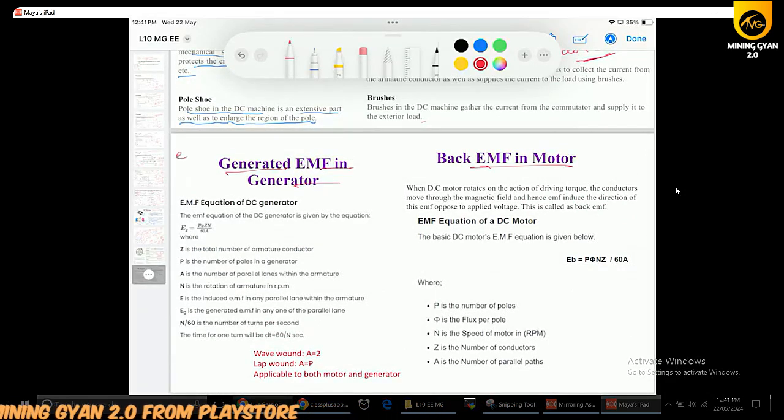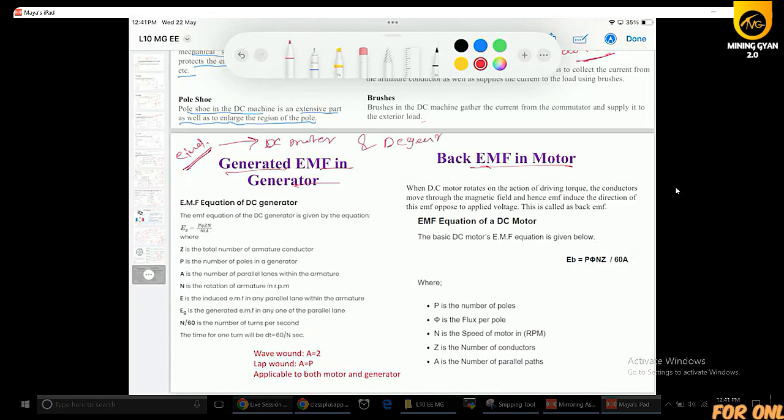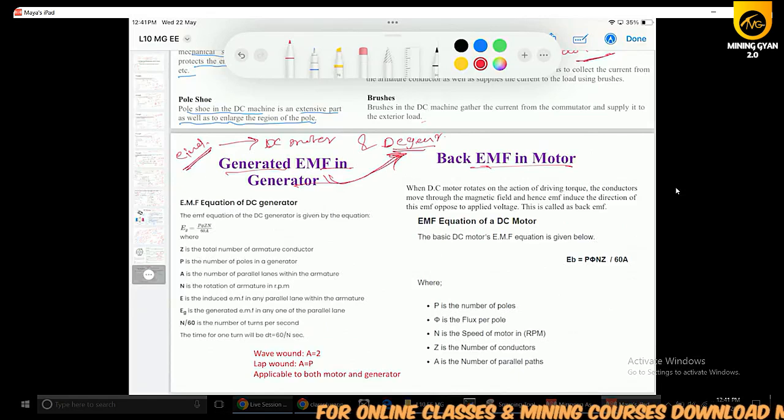One thing I wanted to tell you is that the induced EMF will be there in both cases, means in the DC motor and in the DC generator also. In case of the DC generator, the induced EMF will be called the generated EMF, because we are getting electrical energy at its output side.